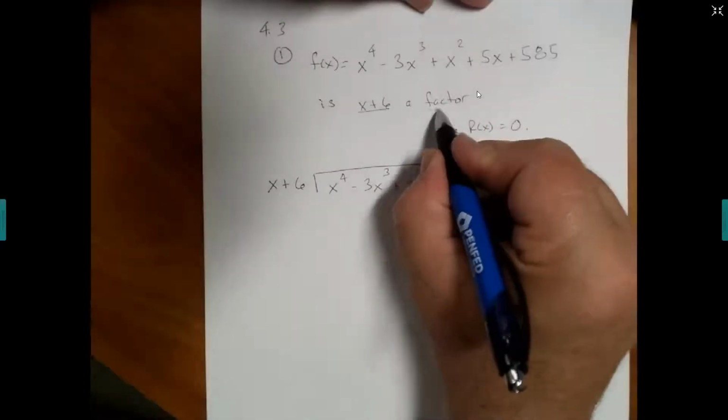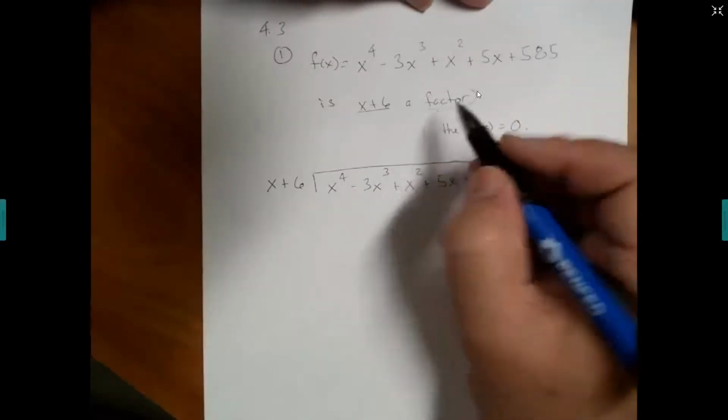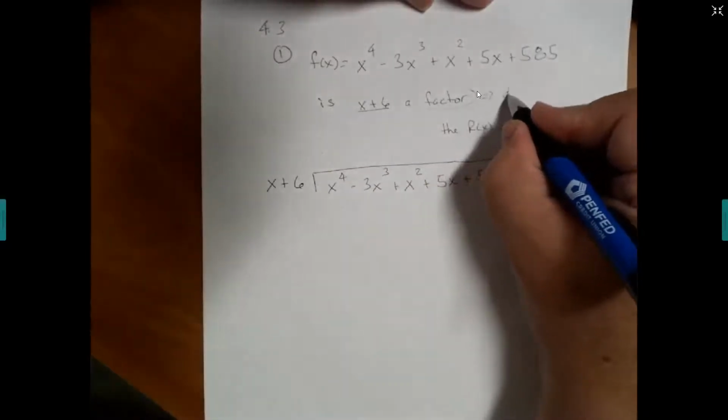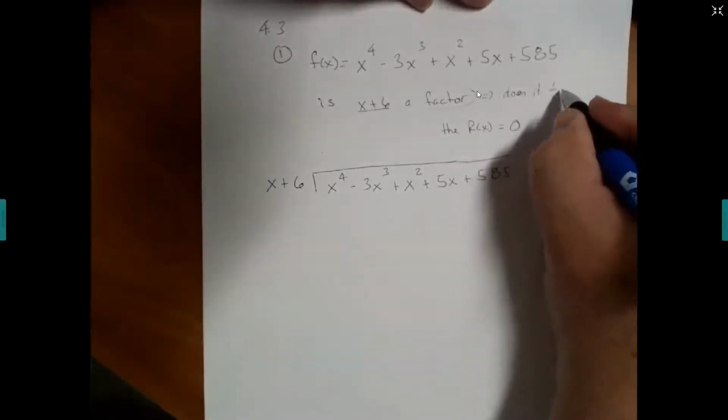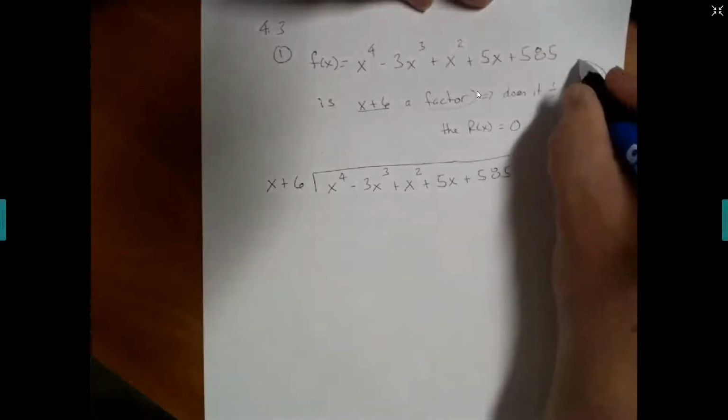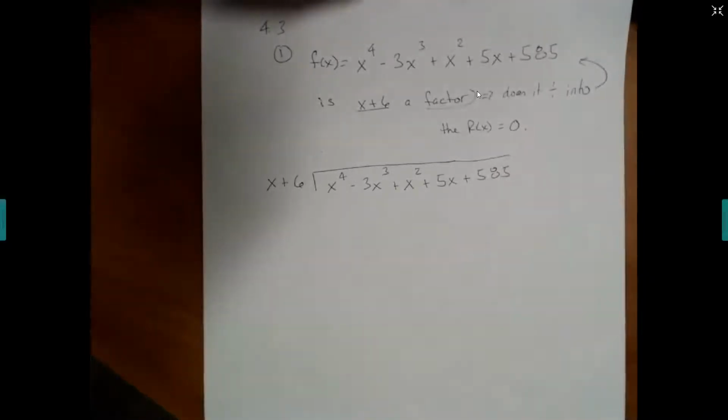So that's if it's a factor, does it divide into that number? That's what we're looking for. When I ask you, is it a factor? Does it divide into it evenly with no remainder?